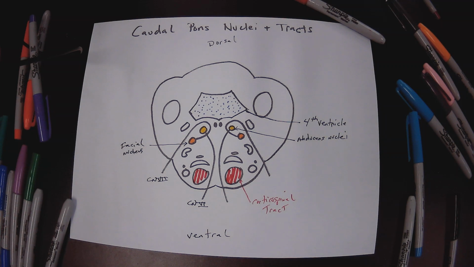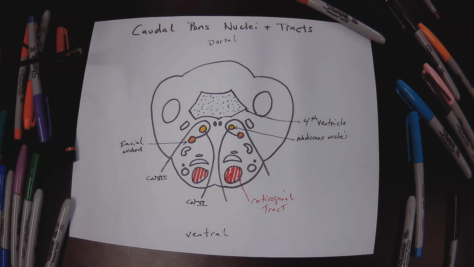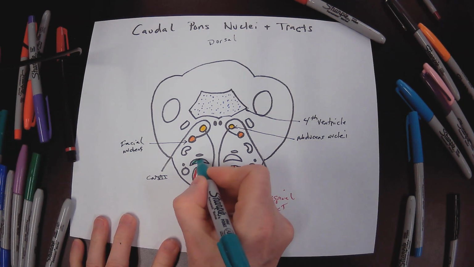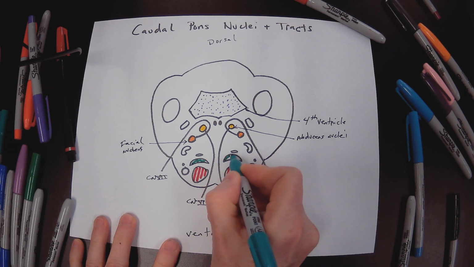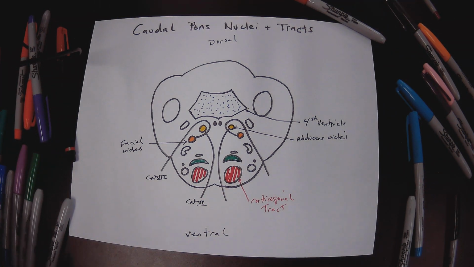Other things we talked about, we had something that was a different elongated shape, and it's very medial. Yep, this is going to be your medial lemniscus.